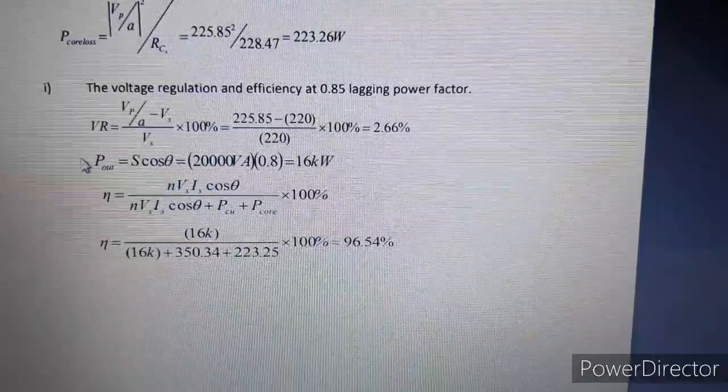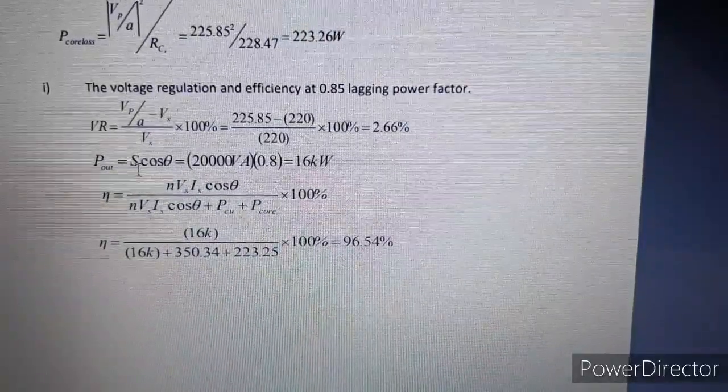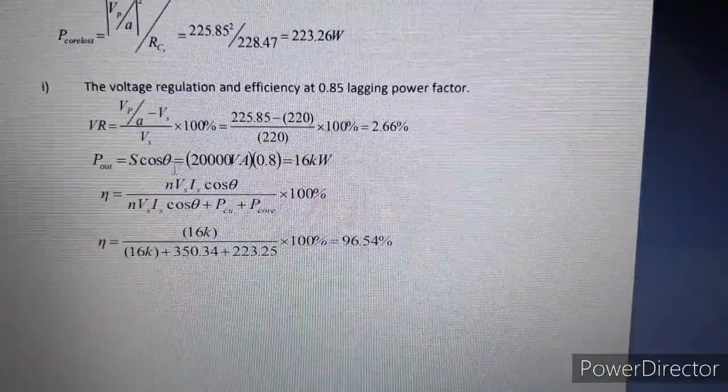First, calculate your P out. P out equals either S cos theta or IS VS cos theta.